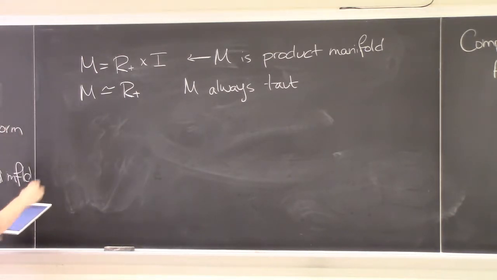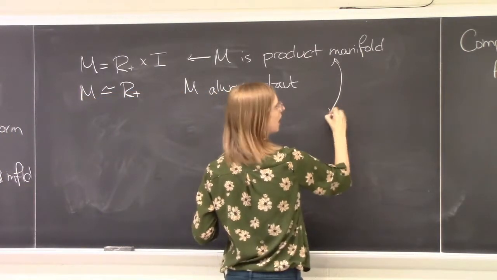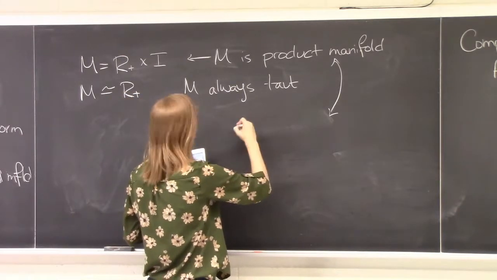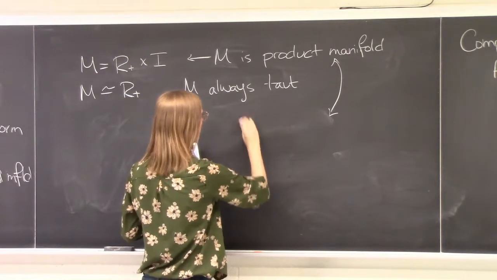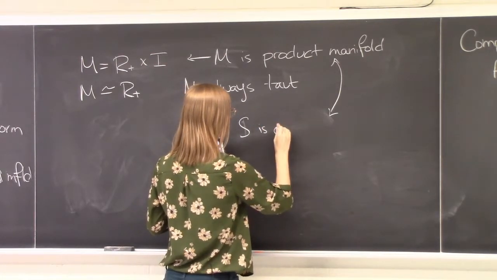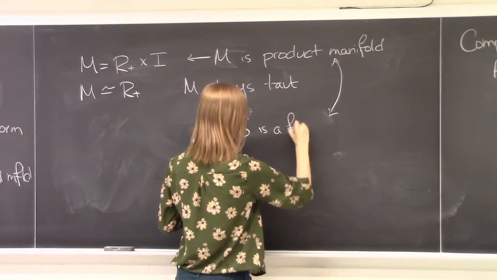And this case corresponds to, if we're looking at a knot complement, saying that K is a fibered knot and S is a fibered class for the knot.